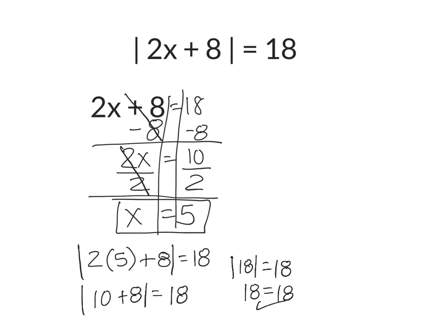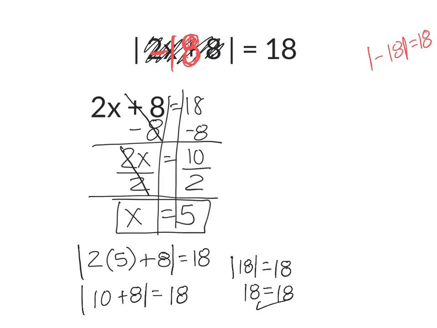However, when we are working with absolute value, if we put a positive or a negative number inside of the absolute value symbols, it equals a positive number in the end. That's what I was describing earlier with the two scenarios. If the inside equals 18, the absolute value of 18 is positive 18, but if the inside had negative 18, the absolute value of negative 18 also equals positive 18.